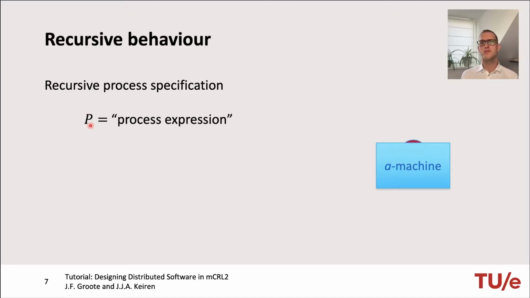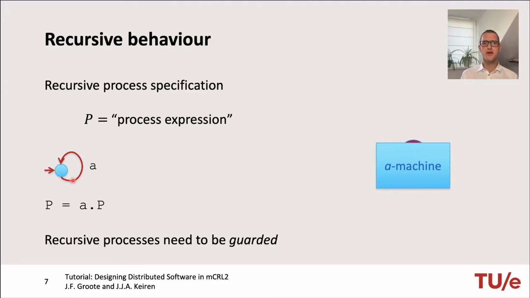So for instance, if we want to model a machine that can do a infinitely often, we could specify this as the process P equals a followed by P, which is then a labelled transition system where in the initial state we can do an a action infinitely often by simply looping around. We need to be careful though: if we specify these recursive processes, we need to make sure that every process variable in the right-hand side is ultimately preceded by an action, which basically says the recursive processes need to be guarded.